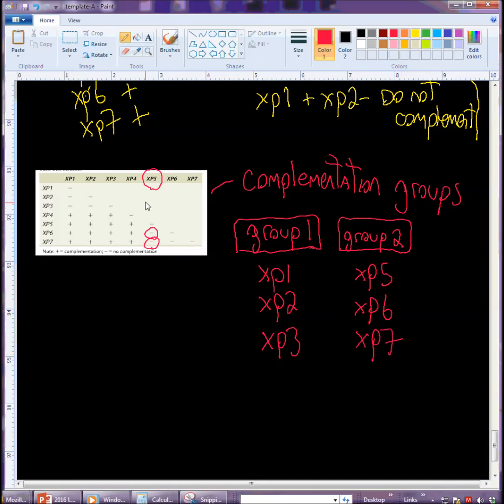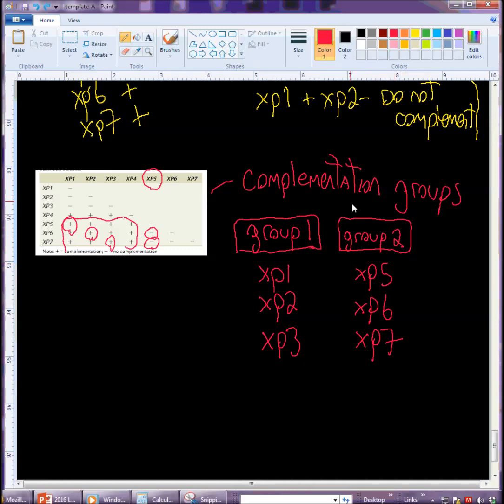And if we look at all the other combinations, say XP5 with XP1, yes, that complements. XP6 with XP2, yes. XP7 with XP3. You can see every other combination with XP5, XP6, and XP7 does complement. So only XP5, XP6, and XP7, different combinations between those, they never complement each other. So these are all in the same complementation group.